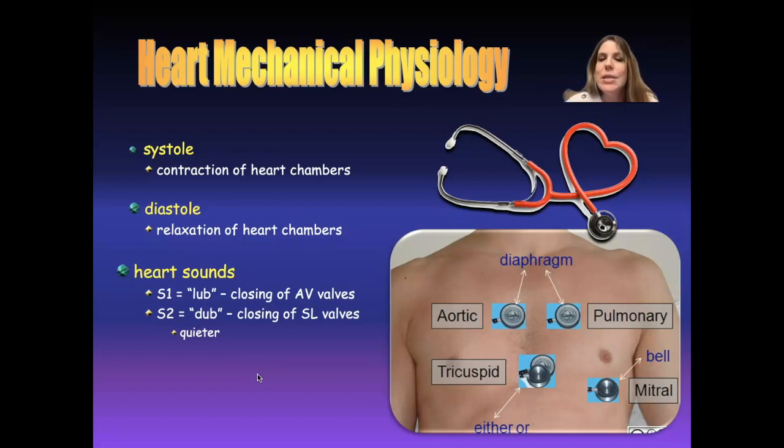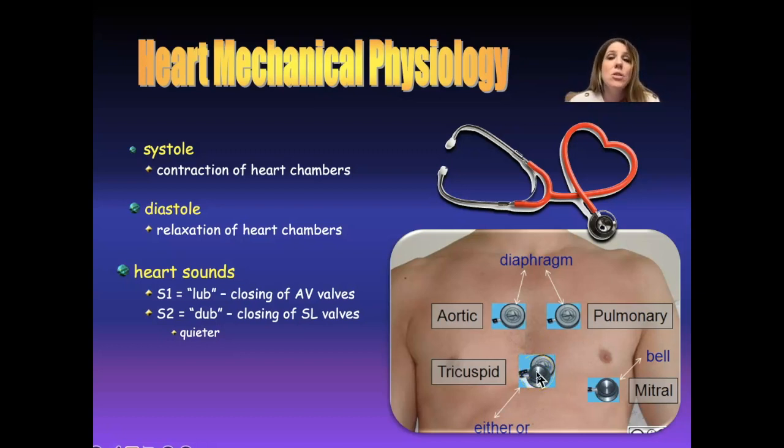You can listen to this by placing the stethoscope in the appropriate place. In terms of the AV valves, we're going to be interested in the mitral and the tricuspid valves. If you figure that the sternum goes straight down here, to listen to the sound of the tricuspid valve closing, you want to place your stethoscope just to the left of the sternum at about the fourth intercostal space.